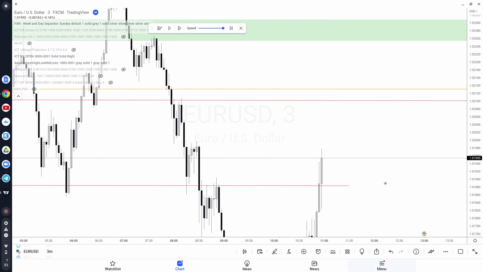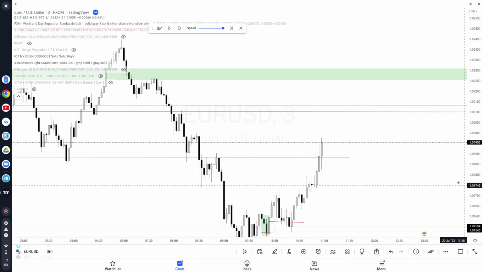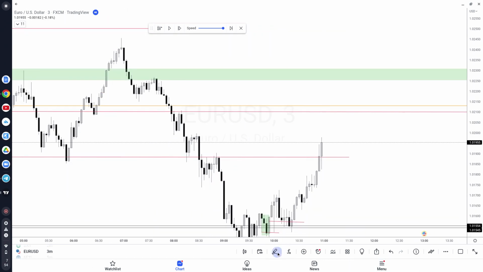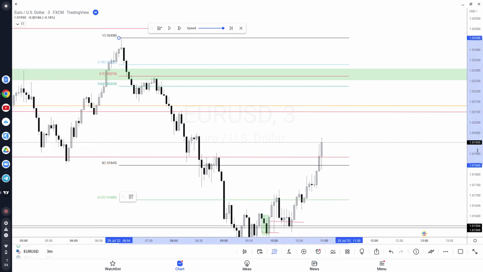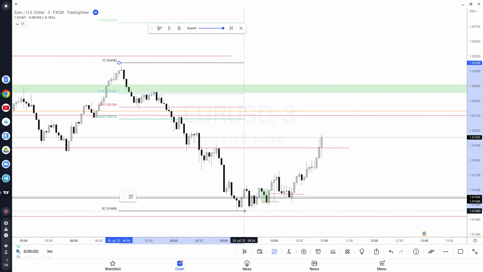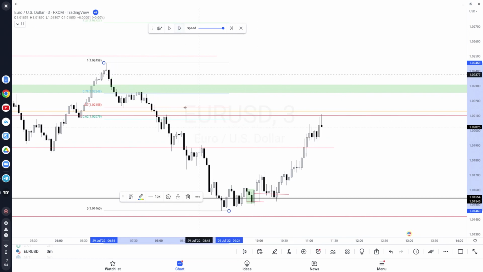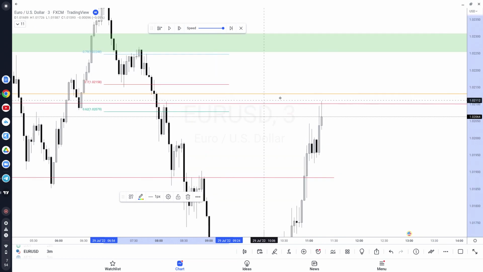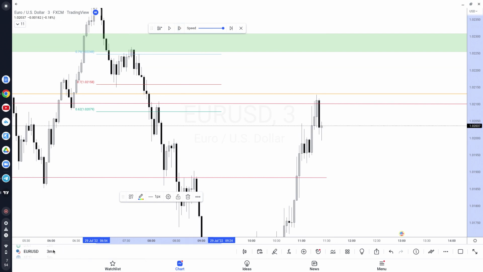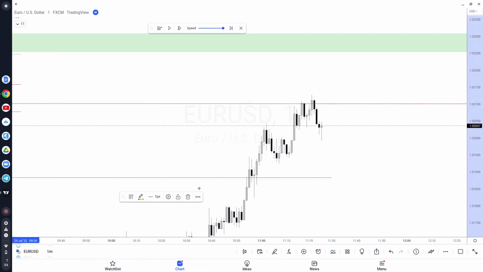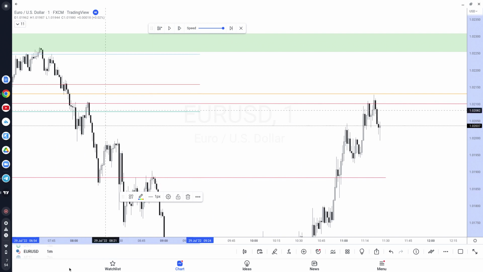Now, once price pushes higher, if we measure this range and we find OTE levels, or optimal trade entry levels, once price pushes to 62%, which is also right where true day opening is, then remember this area, and let me actually show it to you.